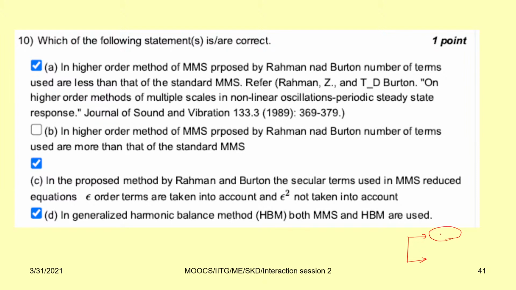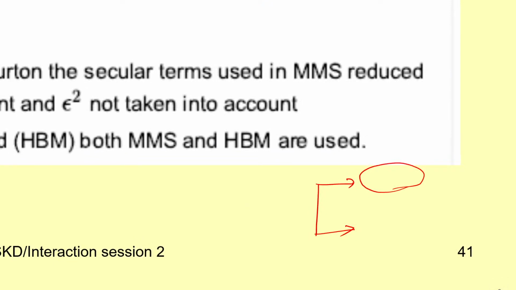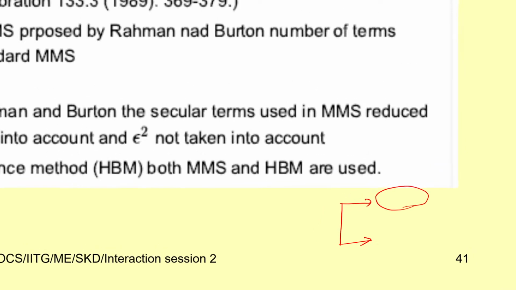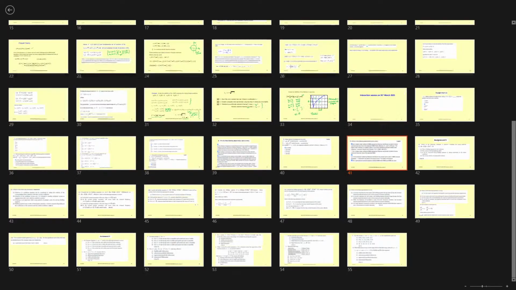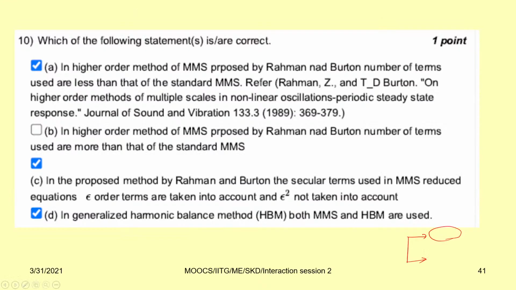In the higher order method of multiple scales proposed by Rahman and Burton, the number of terms used is less than that of the standard method of multiple scales. We are not considering some terms as in the standard method.